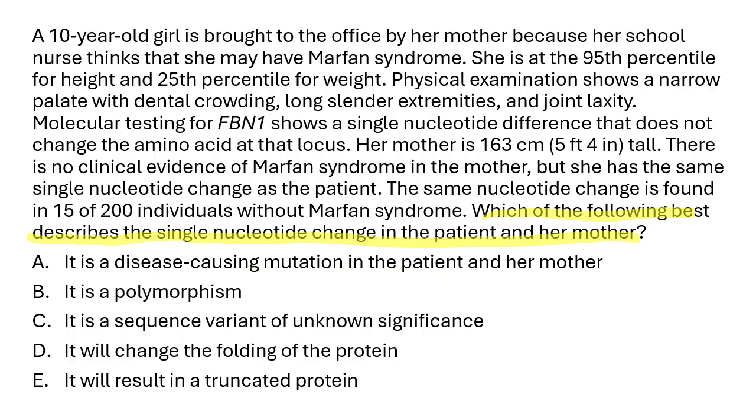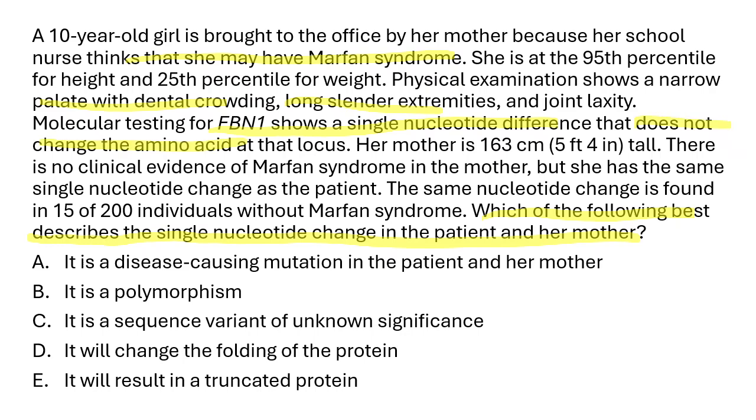So 10-year-old girl coming in, brought by her mother, thinks she may have Marfan syndrome. She's tall, basically. So looks like narrow palate, slender extremities, and then testing for the FBN1 gene shows a single nucleotide difference that doesn't change the amino acid.